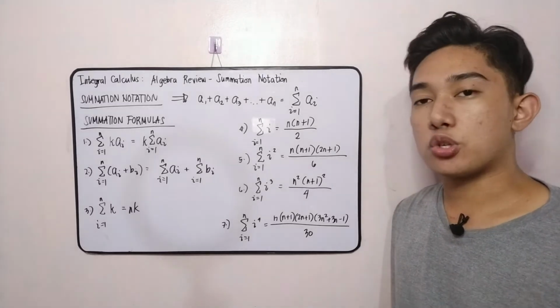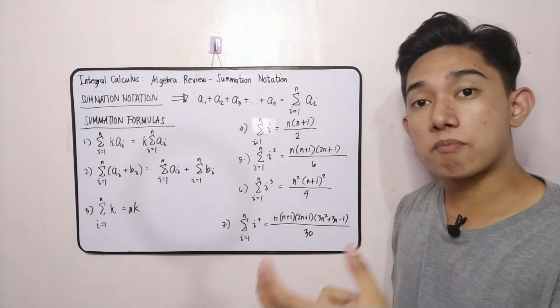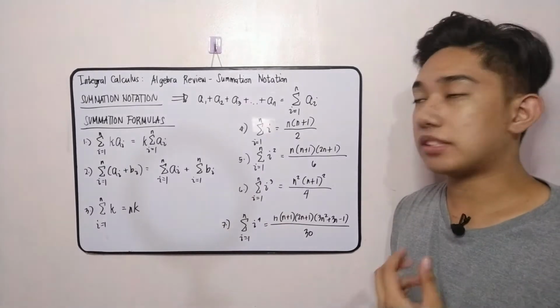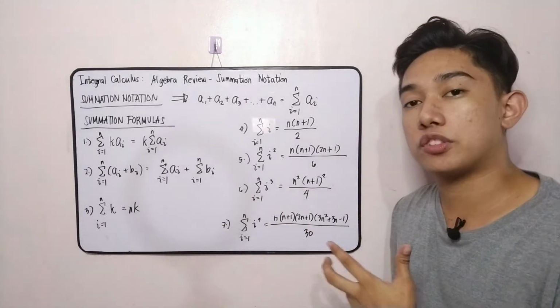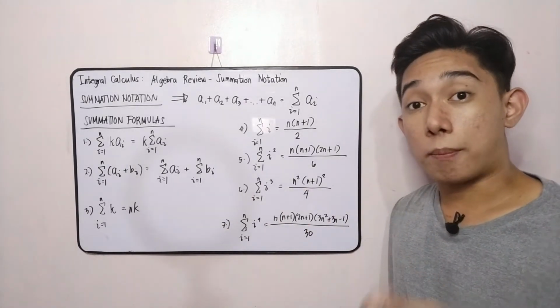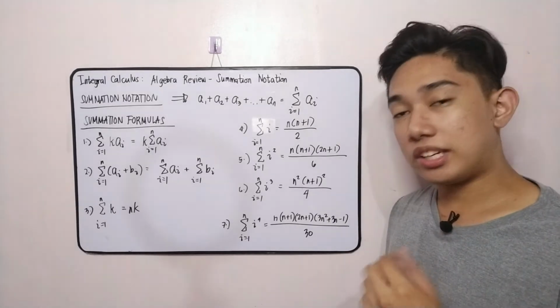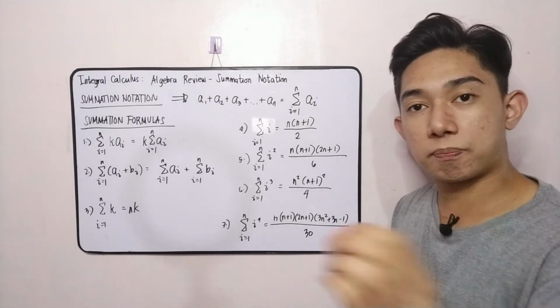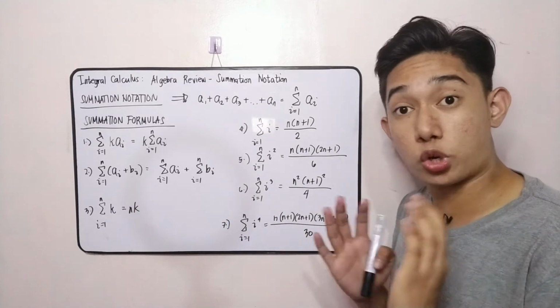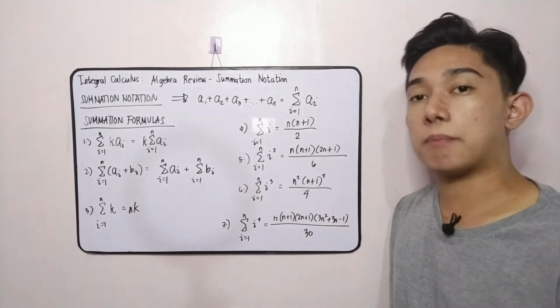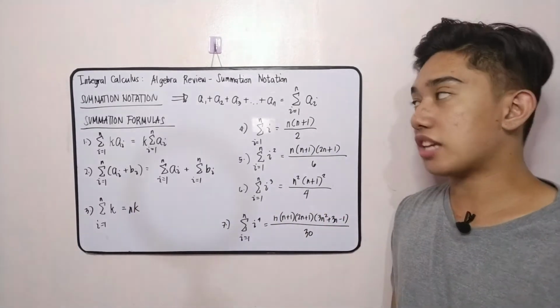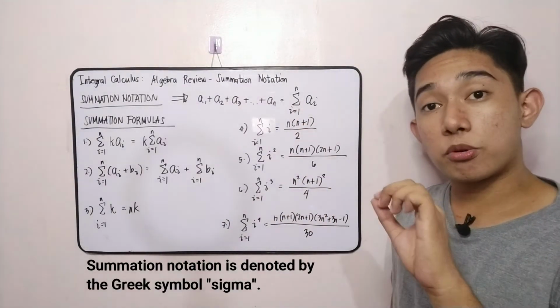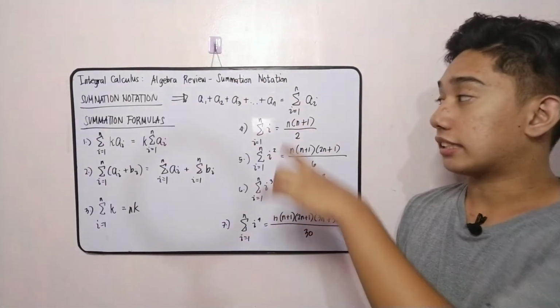For us to have a summation notation, you must have a sum expression. When we say sum expression, it involves the addition operation, which is plus. We need that in order to express the long expression into its short expression that is denoted by the summation notation, which is sigma. Sigma po yung ating sign sa summation notation.